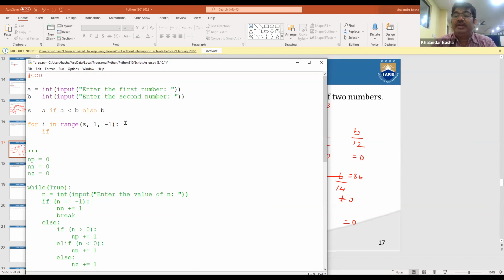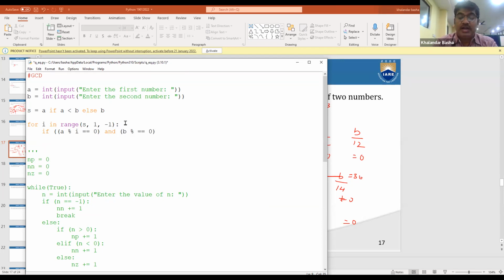Next, for each and every value of I, we will divide the number A with I, and if it is equivalent to 0, and B also we have to divide with I. So B percentage of I double equivalent to 0.